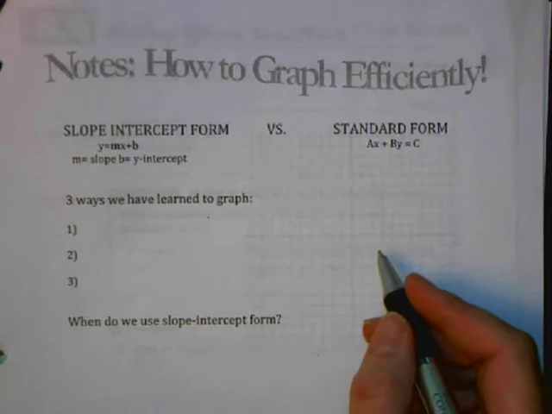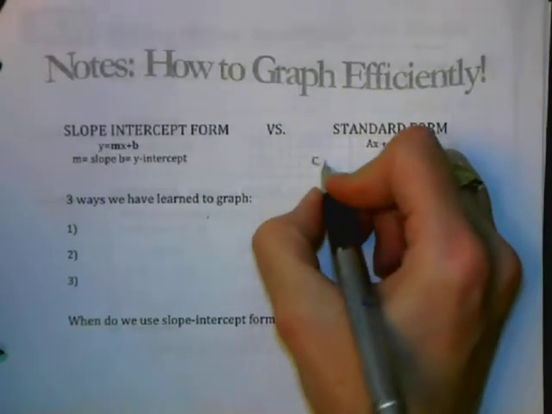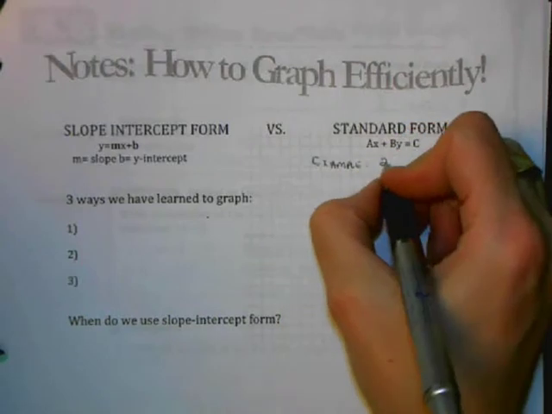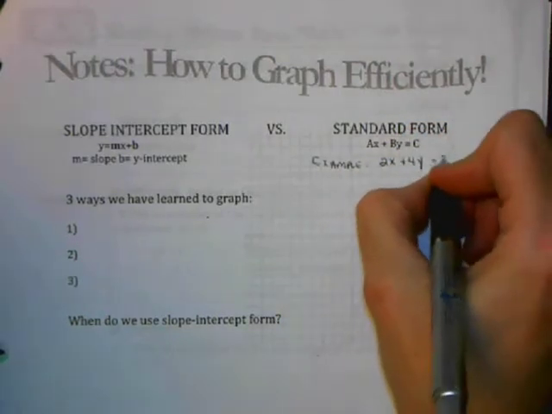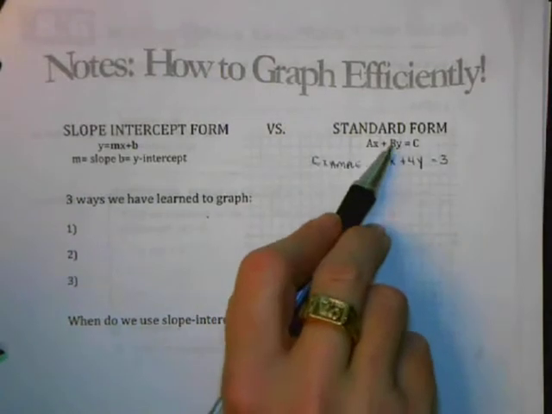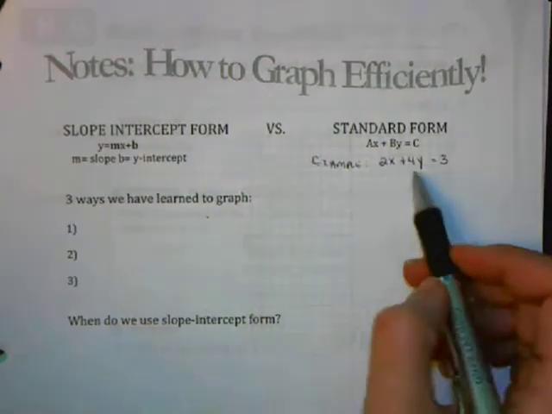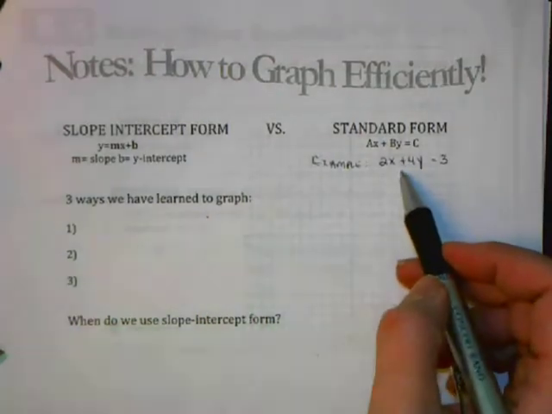An example of an equation written in standard form might look like this. We might have 2x plus 4y equals 3. In this case, we replaced a with the number 2, b with the number 4, c with the number 3. Standard form really just means x and y are on the same side of the equal sign.